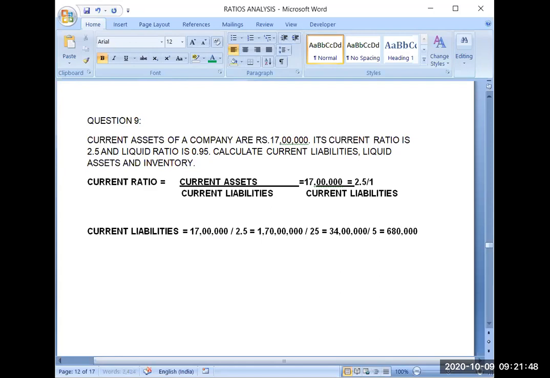So this way your current liabilities are 6,80,000. Now I have got the value of current liabilities. Now I can use the next information which is given in the question. So I will write here the formula.